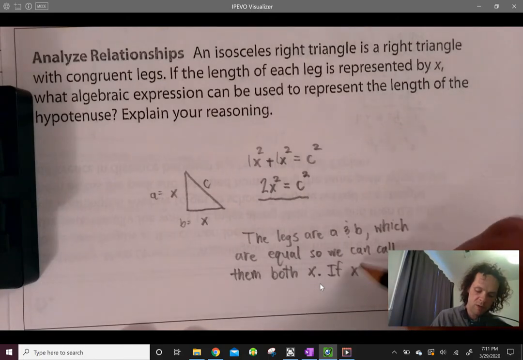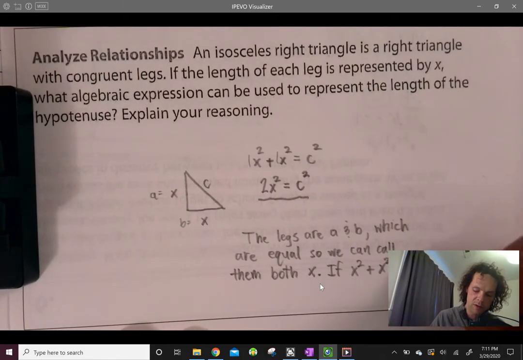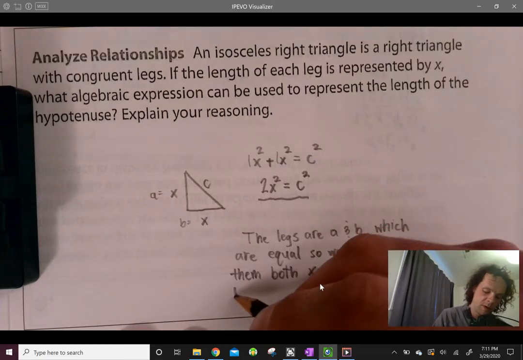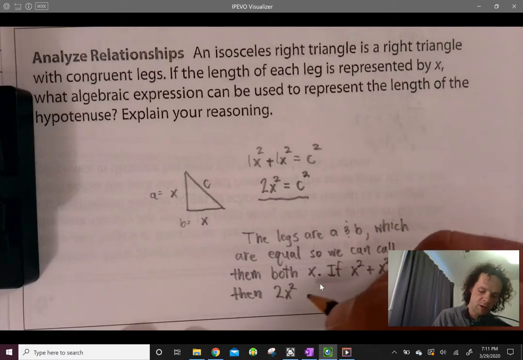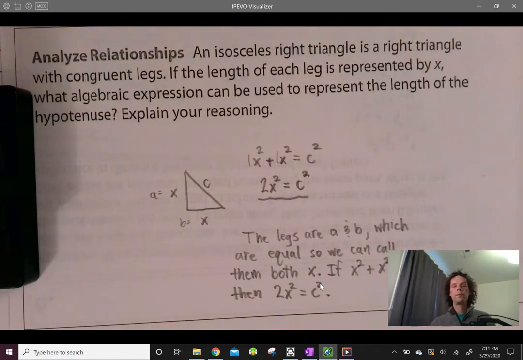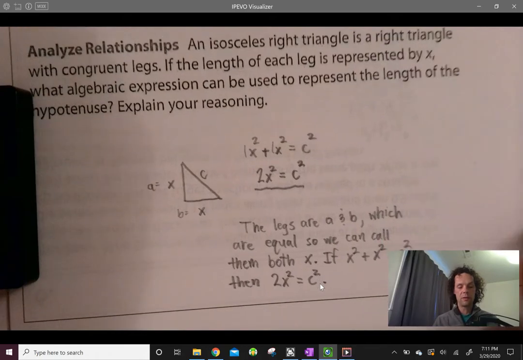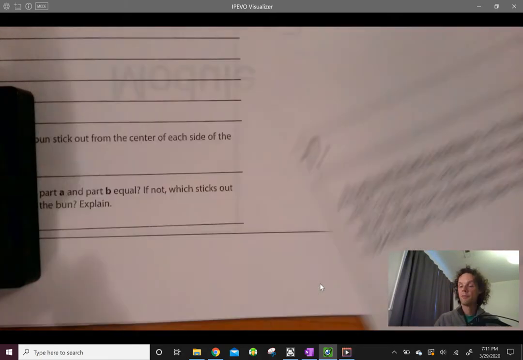And if x squared plus x squared equals c squared, then 2x squared also equals c squared. And that's how we analyze that relationship in number 7 about isosceles right triangles.